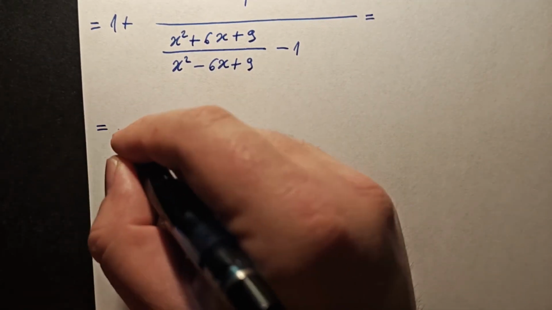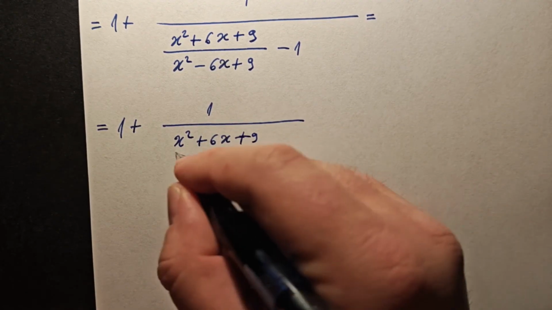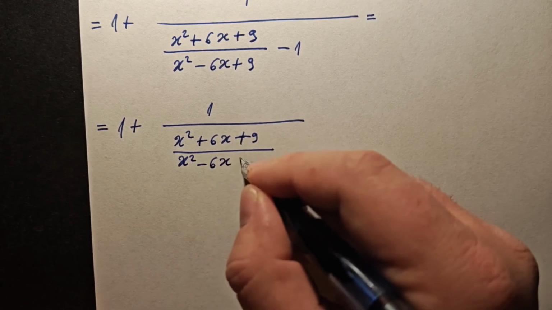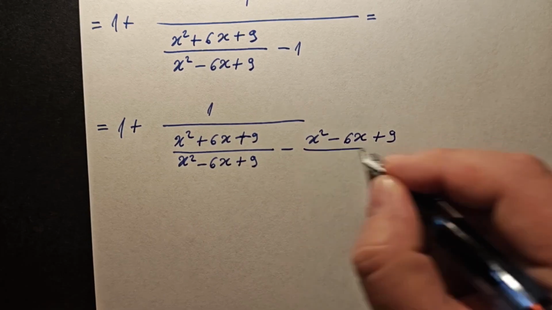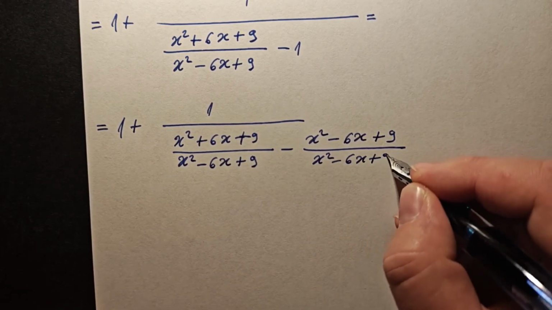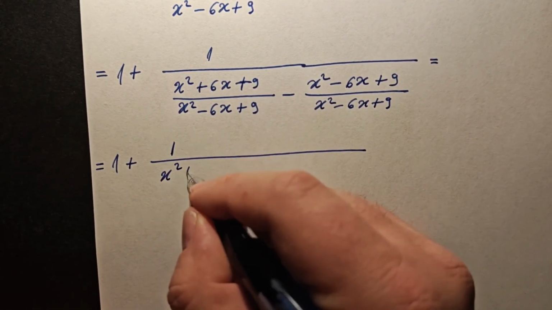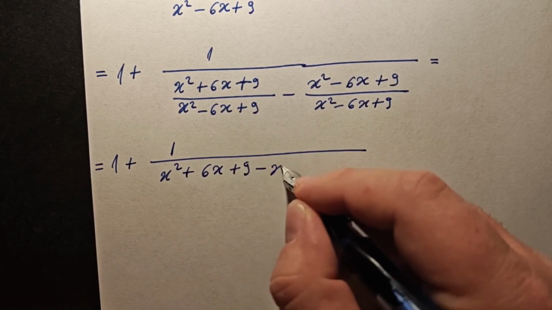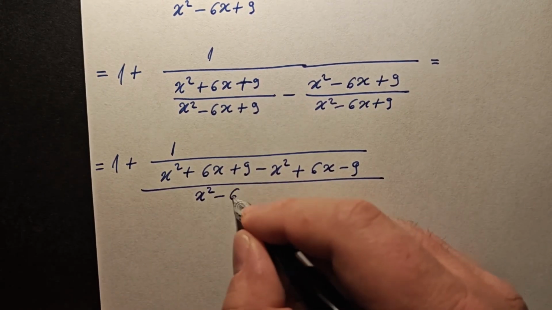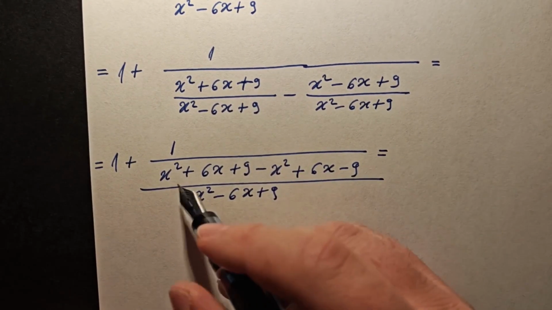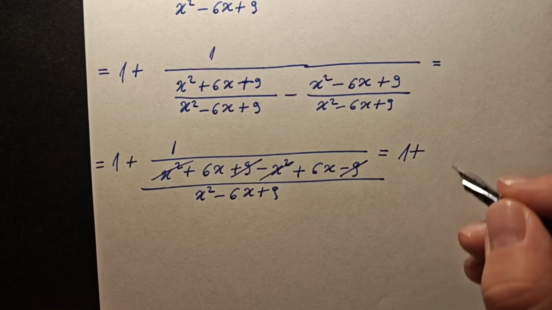And that is equal to 1 plus 1 over (x² + 6x + 9) divided by (x² − 6x + 9) minus (x² − 6x + 9) divided by the same thing. So this is equal to 1 plus 1 over (x² + 6x + 9 − x² + 6x − 9) divided by (x² − 6x + 9), in which x² and negative x² and 9 and negative 9 are going to cancel out.